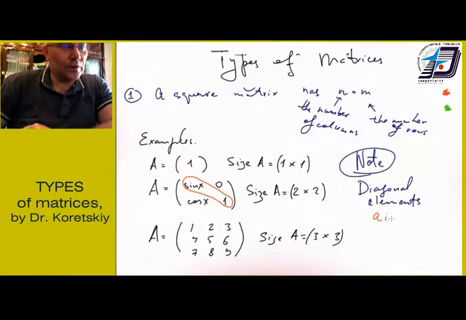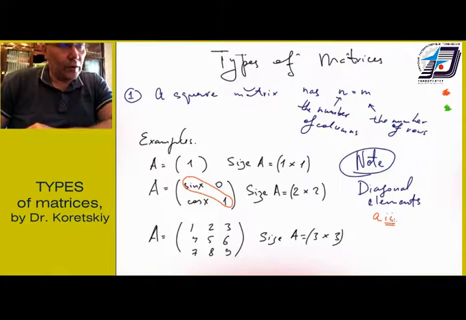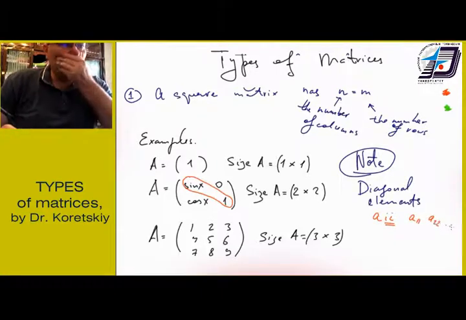Here i means that the number of the row is equal to the number of the column. So for example, it is a11, a22, etc. They are located along this line.